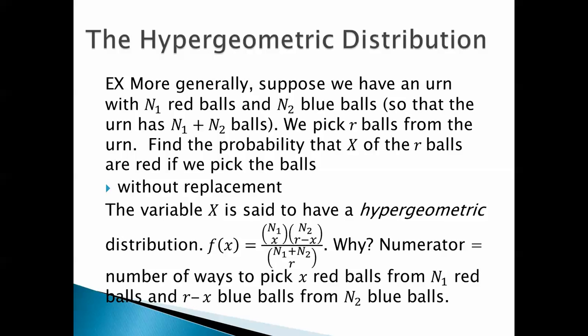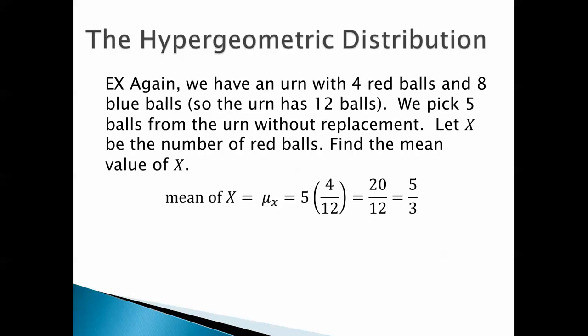The numerator is the number of ways to pick x red balls from N1 red balls and r minus x blue balls from N2 blue balls. So again, we're picking r balls from the N1 plus N2 balls. The numerator is just counting the number of ways you can have x of those balls be red and the rest of them, r minus x of them, be blue.